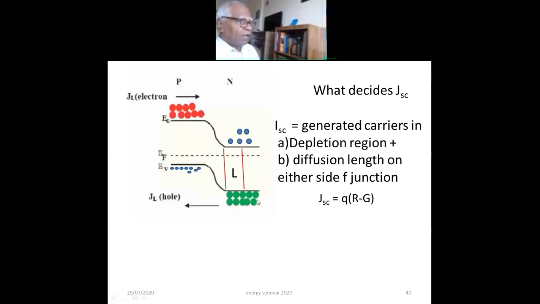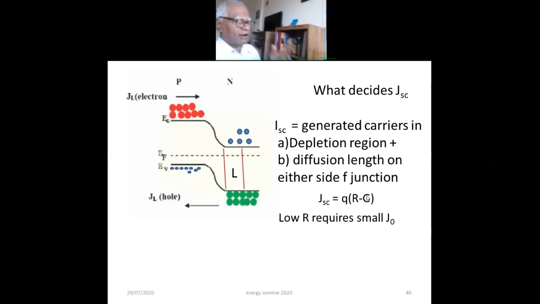And the short circuit current is reduced by recombination, by the same thing which limits J naught. So that is why J naught is so important. And recombination means delta N by tau, so making tau as large as possible is what will reduce this.